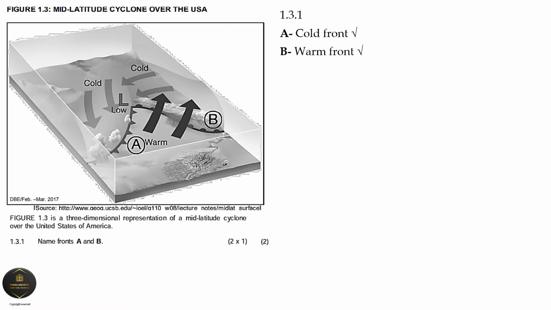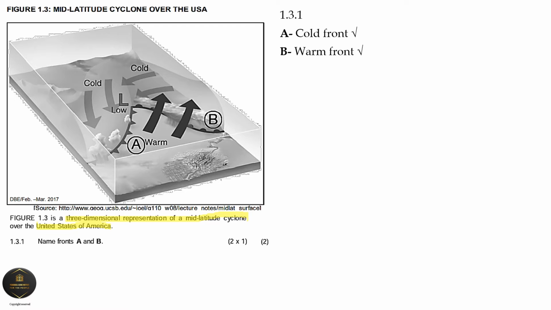So that is telling us something about the location of the system and the general shape of the system. Remember, we've covered that in lesson number 2. Now, just to read a short description, it says there, figure 1.3 is a 3-dimensional representation of what? A mid-latitude cyclone over the United States of America.